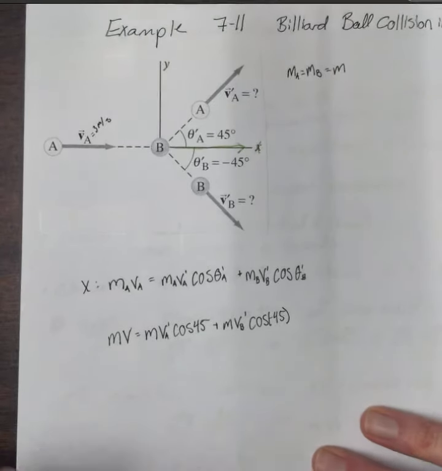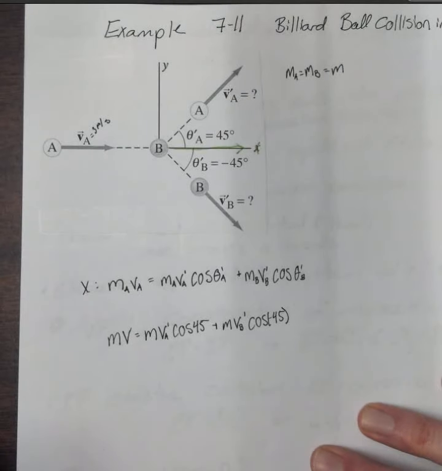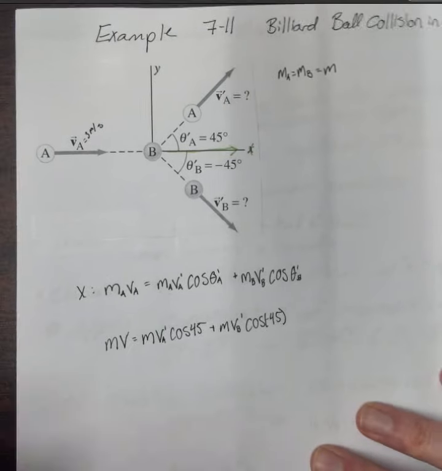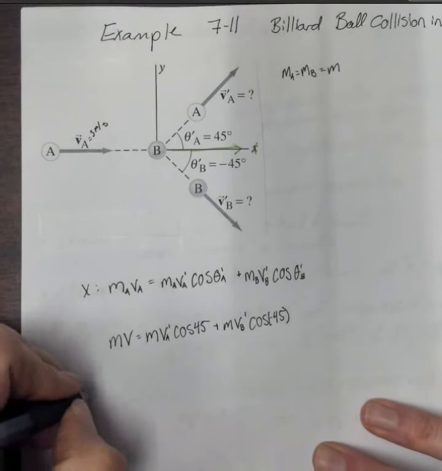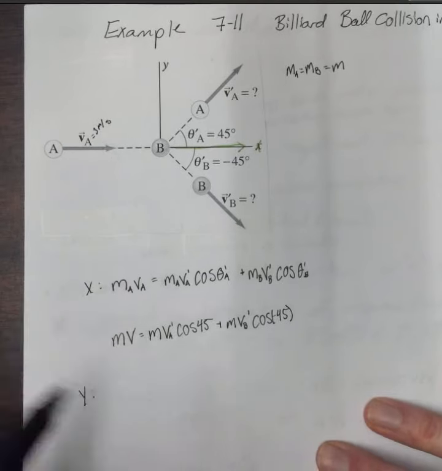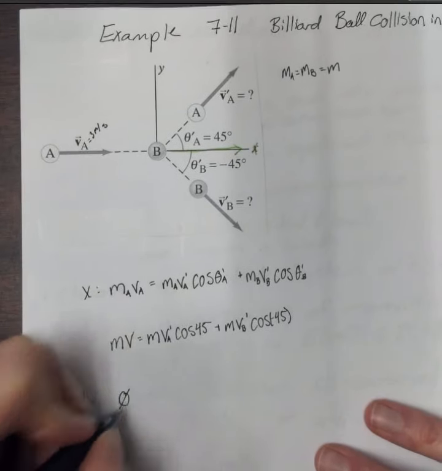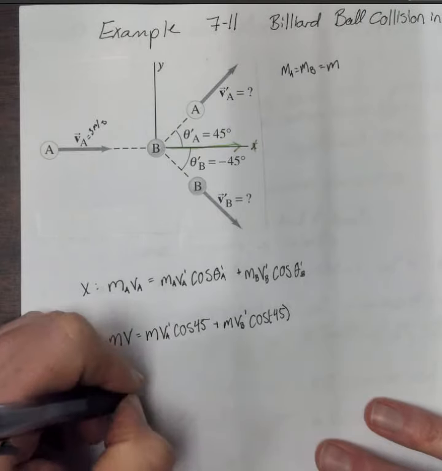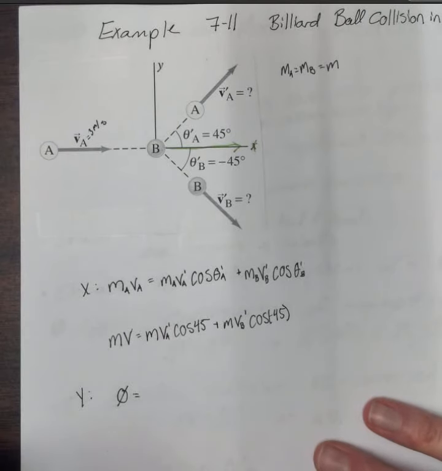So we're going to go ahead and solve here for that value in a moment, but first we'll set up for y. In the y direction, remember, we set all of our momentum so that it was along the x-axis. So that means initially there is no momentum along the y-axis. So that means after this collision, we're likewise going to have no momentum on the y-axis.